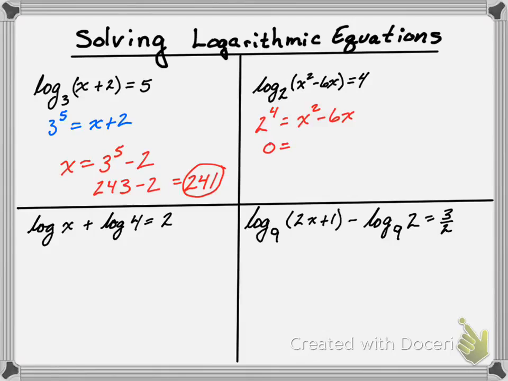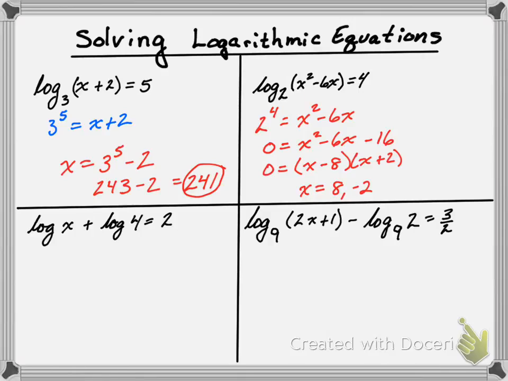And so that is going to give us x squared minus 6x. Now 2 to the 4th power is 16, and we're going to subtract that over to the other side. So you're going to have minus 16. Now if you factor this, it factors down to x minus 8 times x plus 2, giving us values of 8 and negative 2.